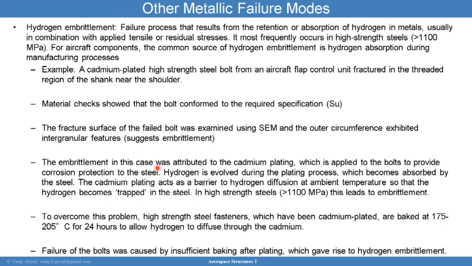But that process involves hydrogen, and the hydrogen gets trapped inside the steel by this very plating. So very interesting scenario. To overcome this problem, high-strength steel fasteners, which have been cadmium plated, are now baked at 205 degrees to allow the hydrogen to escape.